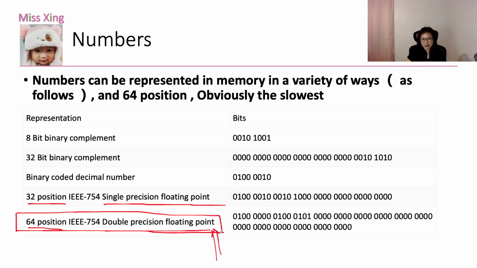What V8 does is, inside the engine, not all numbers use 64 bits. Most of them use 32 bits for performance reasons. But from a developer's view, you cannot tell the difference.